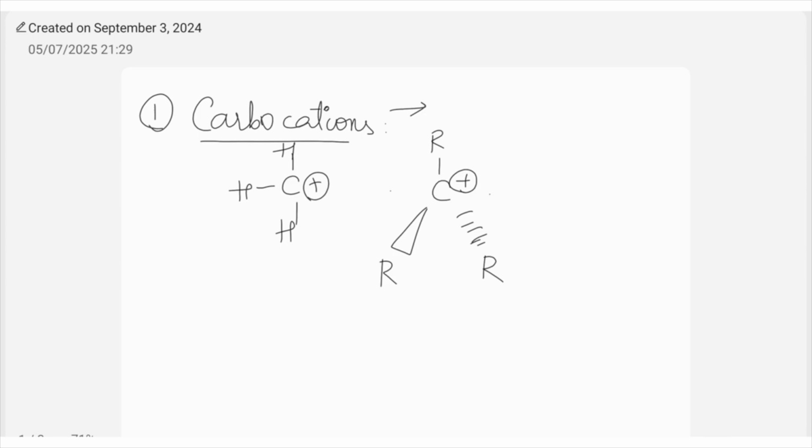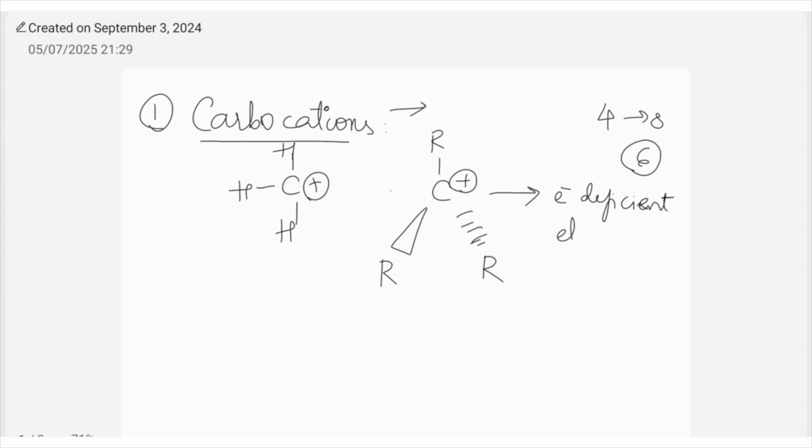Now since there is a positive charge on the carbon, whose valency is generally 4, here it is only 3. That means instead of 8 electrons, there are only 6 electrons. So we consider it an electron deficient species, and since it is electron deficient, it will always be ready to take up electrons.